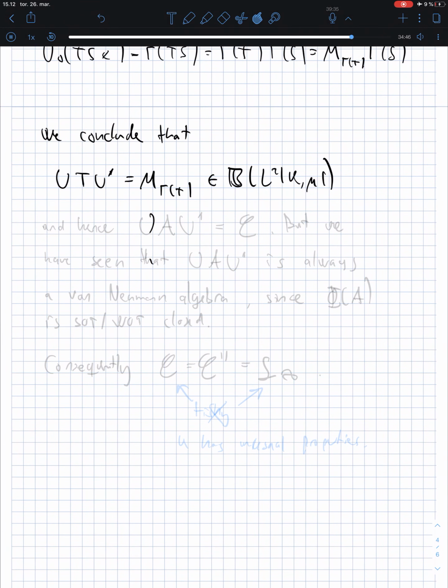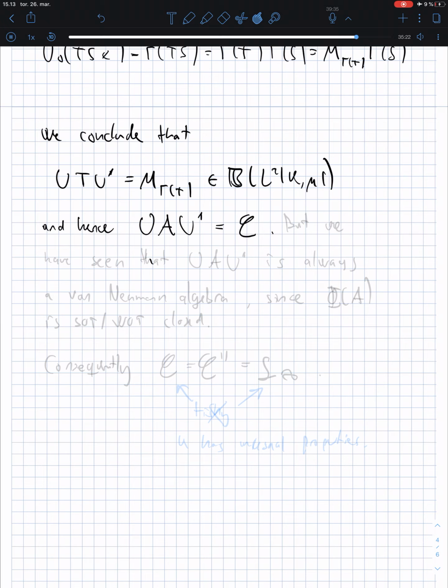So that actually gives me something a little bit stronger than what you might have expected, right? And hence, when I apply U to all the operators in A, U and U star, I get all the continuous functions inside B of L2 K, μ. That's a little bit surprising because I was aiming to get L infinity and I got C.